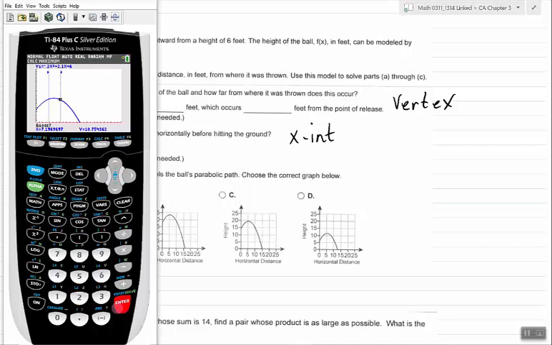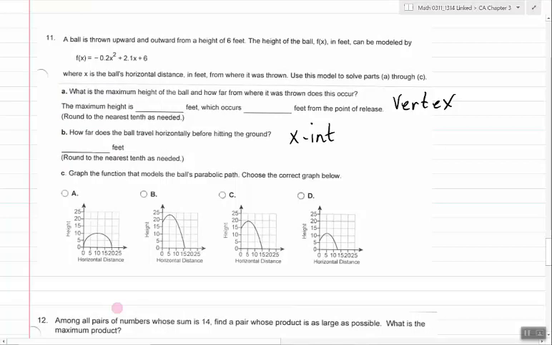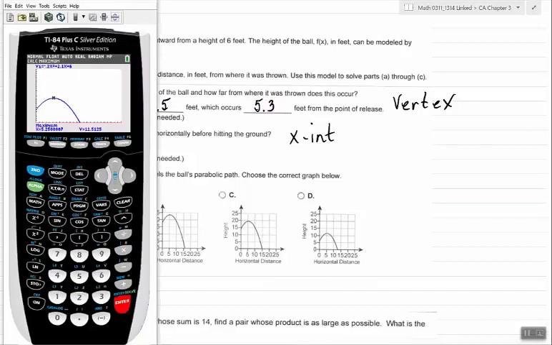Enter. All right, 5.25 and 11.5, because it says to round to the nearest tenth. So the maximum height is 11.5 and it occurs at 5.3. So let's look again. 5.3, if we round it to tenths, maximum height 11.5.